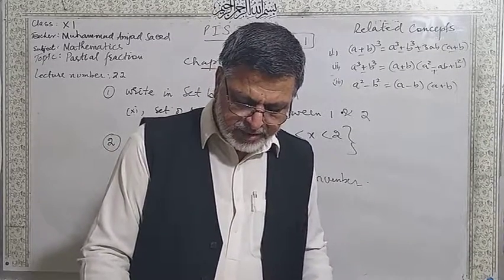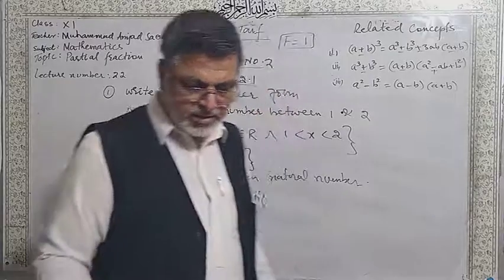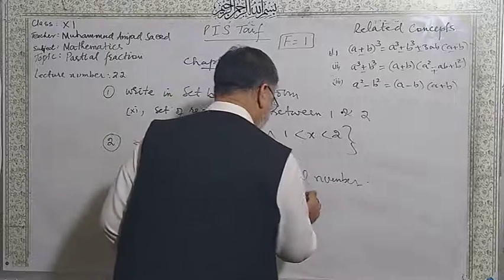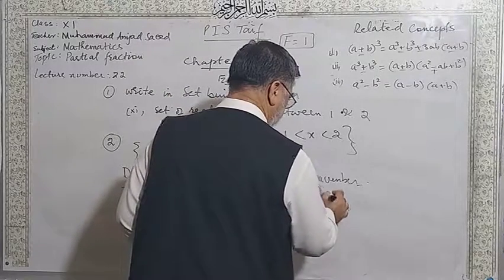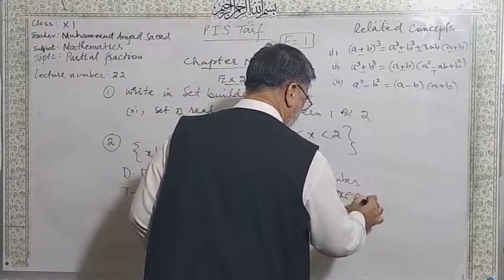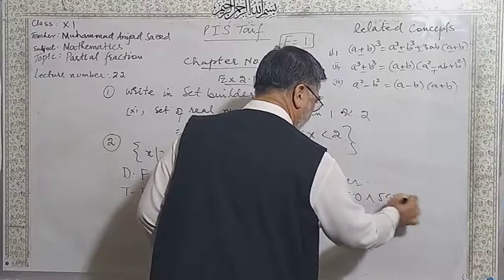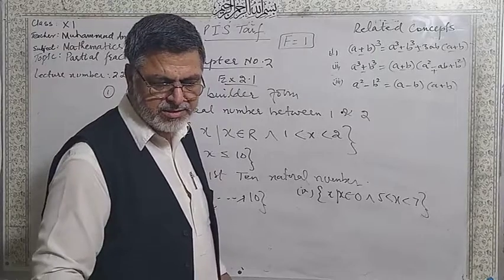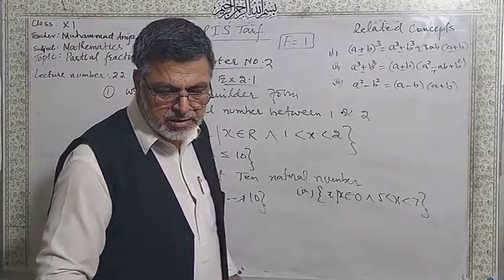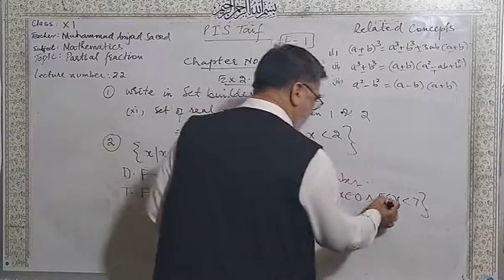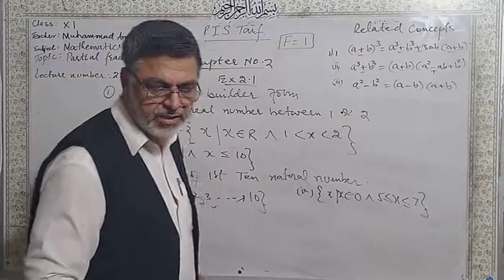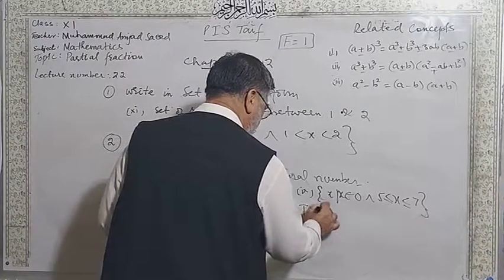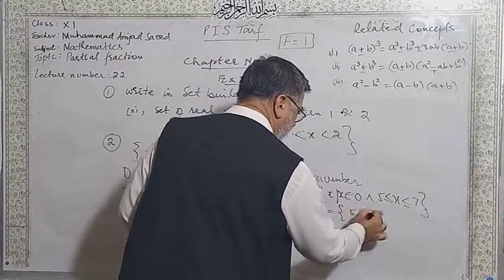Similarly, we have part number 9. Here is x such that x belongs to O and x is greater than or equal to 5 and less than or equal to 7. So what is the tabular form? Tabular form is 5 and 7.